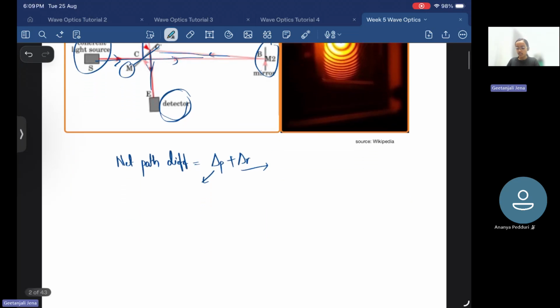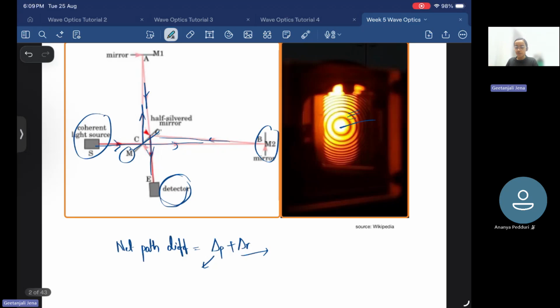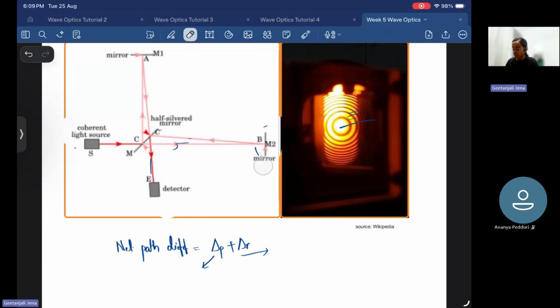To see the condition to get a bright fringe or a dark fringe at the middle, we need to look at the path difference in this experimental setup. In brief, the beam splitter present in the middle, as you can see from here, we are observing the fringes in this direction.